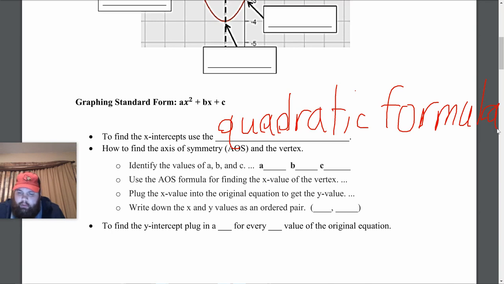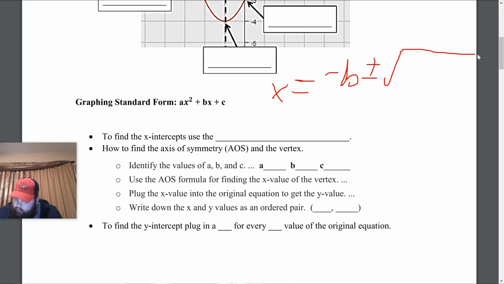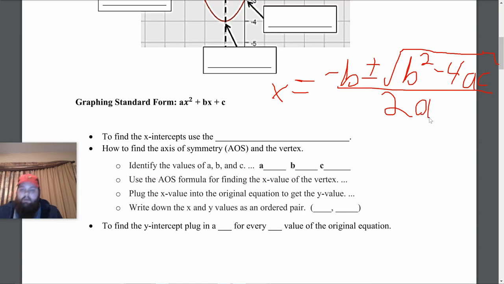So what is the quadratic formula? Y'all may have seen this in the past. I'm going to go ahead and write it out just in case you didn't. And that is x equals negative b plus or minus the square root of b squared minus 4ac, over 2a.